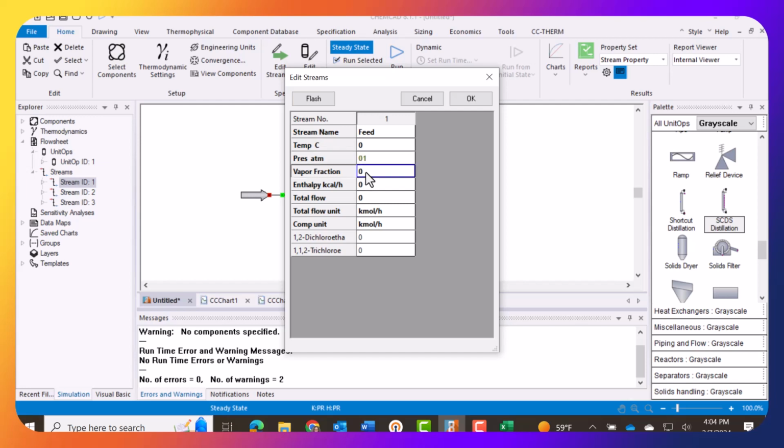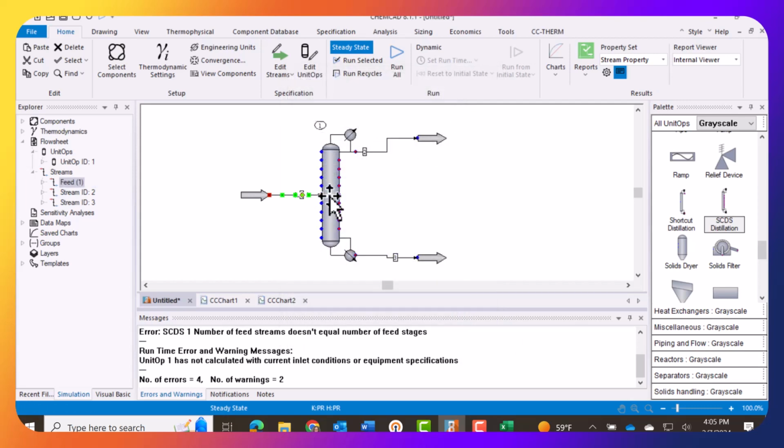Okay. Vapor fraction. I'm trying to look at, saturated vapor feed. So vapor. And the flow is 100 kilomoles per hour, 60%. So 60 kilomoles of dichloroethane and 40 of trichloroethane. Okay, so I have my feed stream.